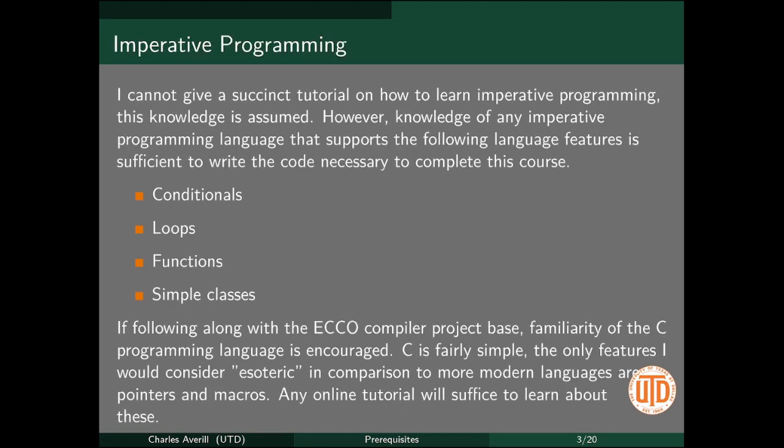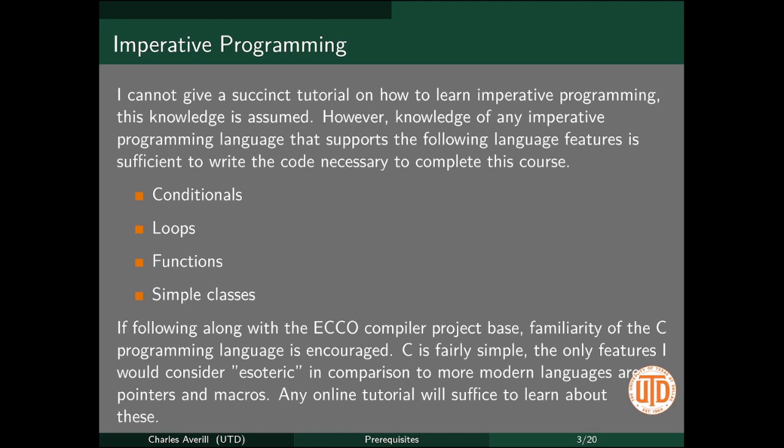So with imperative programming, unfortunately, I can't really give any kind of succinct tutorial on how to learn that. That's something that hopefully you've been doing for a while. This class is marketed towards junior and senior level students, so you should be very familiar with imperative programming. However, like I said before, any programming language that follows those paradigms is going to be fine.